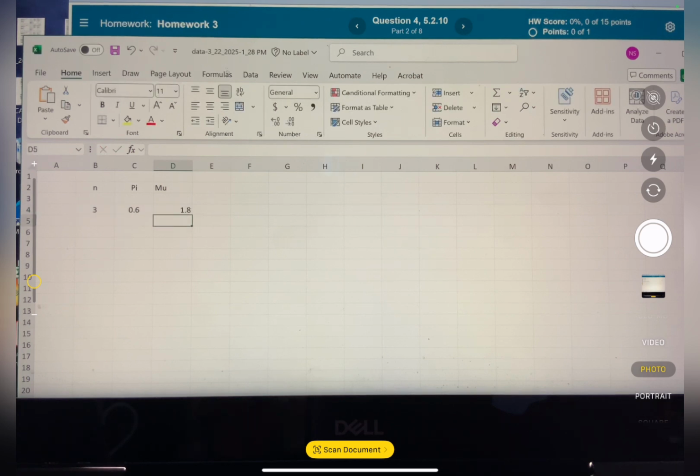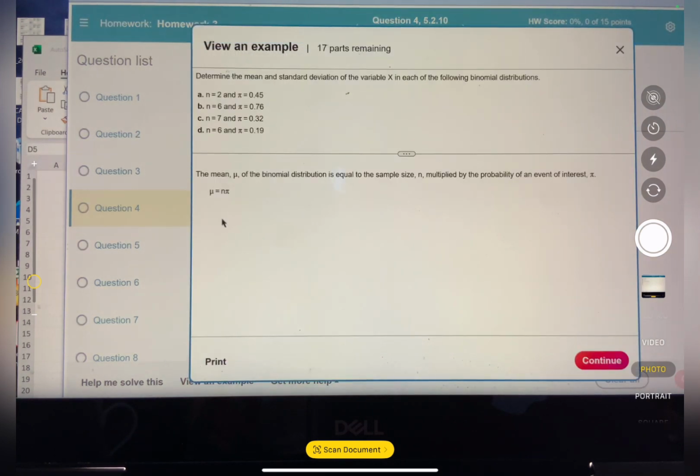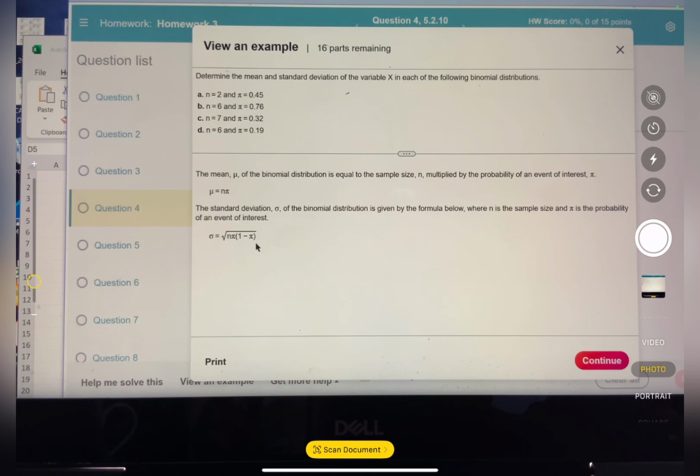Now we need to calculate our sigma. Remember, sigma is the square root of n times pi times 1 minus pi, which is total cases times pi, the probability of success, times the probability of failure, and square root.